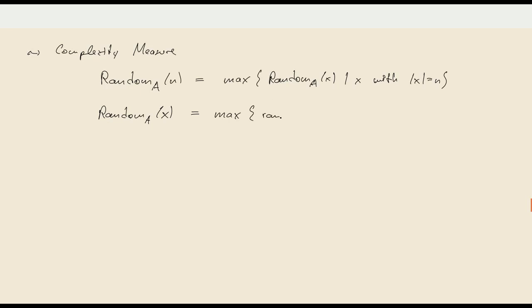So that's the random bits used by C, where C is a computation of A on x. And we understand that max here means, if this set is infinite, if there are infinitely many computations... Okay, we have the problem that there might be infinitely many computations and they still don't use infinitely many random bits.